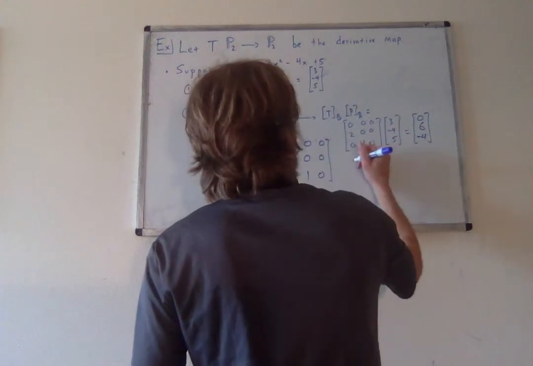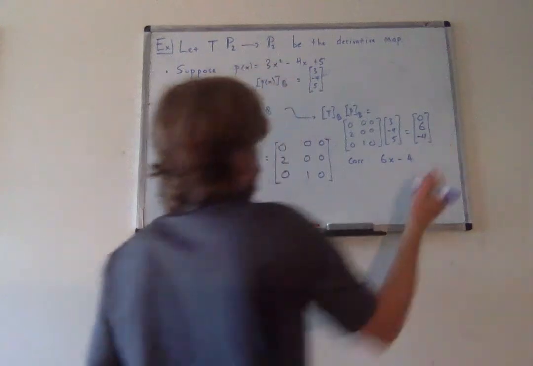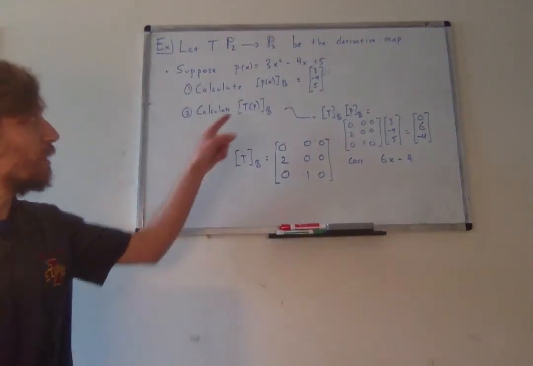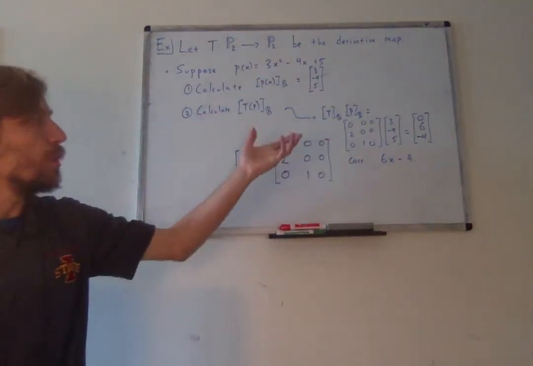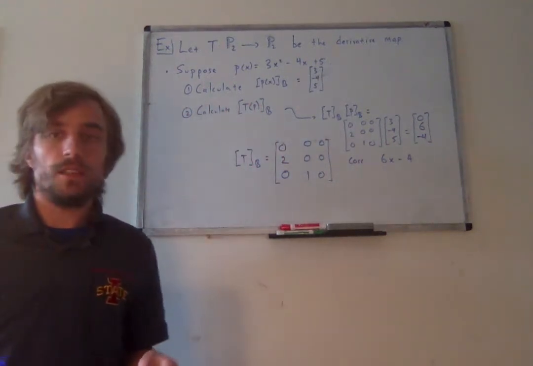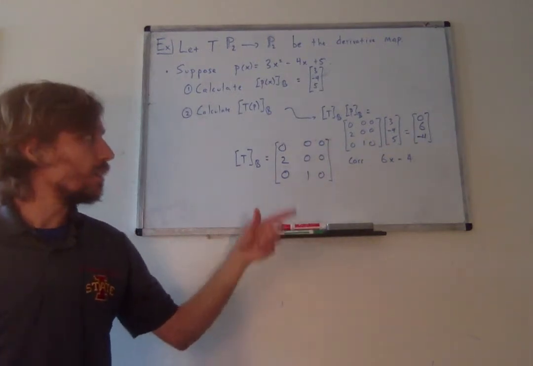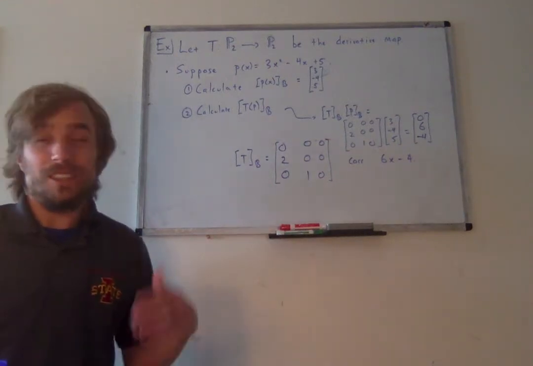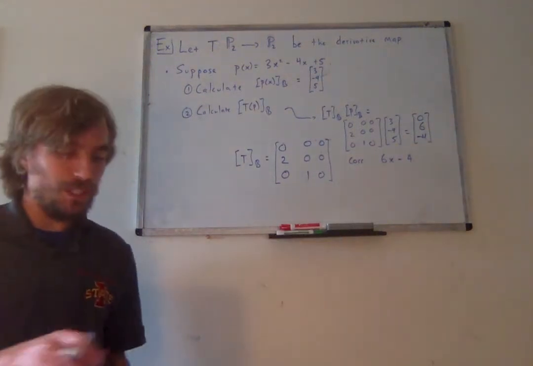And remember, this corresponds to the polynomial 6x minus 4, and you might notice the derivative of P is, in fact, 6x minus 4. So what we showed is that we took this vector space, which wasn't Rn, or R3 in this case, and found this matrix which could perform this linear transformation for us. And so we showed that taking a derivative is actually just secretly matrix multiplication, at least when we're working with polynomials. Which I've always thought was a really cool example.